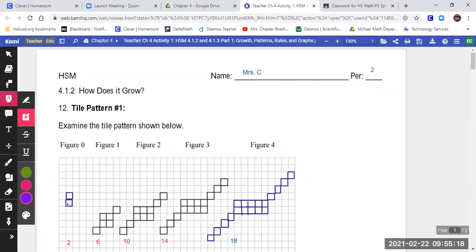We're going to use a different color to stand for each stage. Figure 0 is pink for me, but it could be any color you want. Figure 1 is going to be my purple, and in every figure I'm going to highlight figure 1.